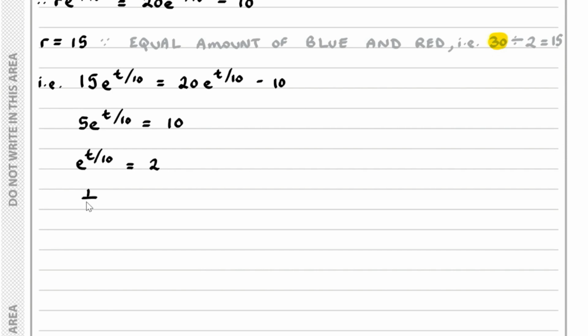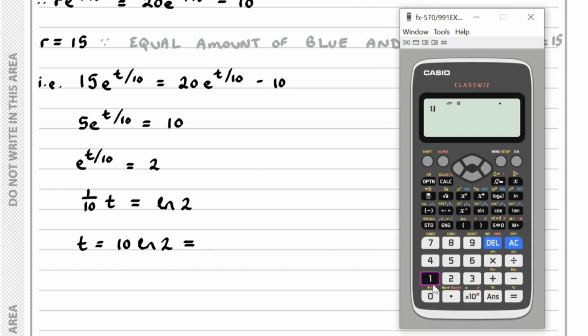So 1/10 times t is equal to the natural log of 2. So t is equal to 10 times the natural log of 2, which if I work this out, we get 6.931, etc. So therefore we have t equals 7 seconds to the nearest second.